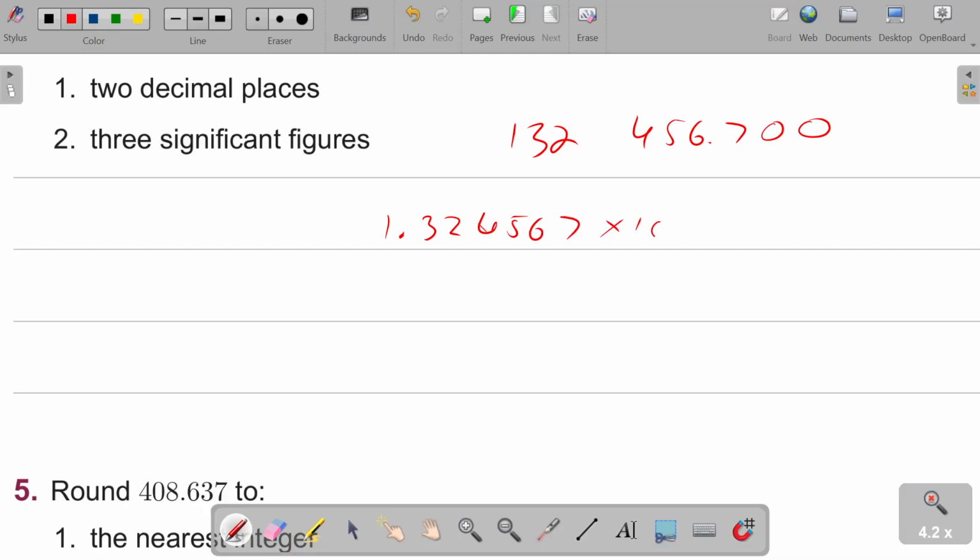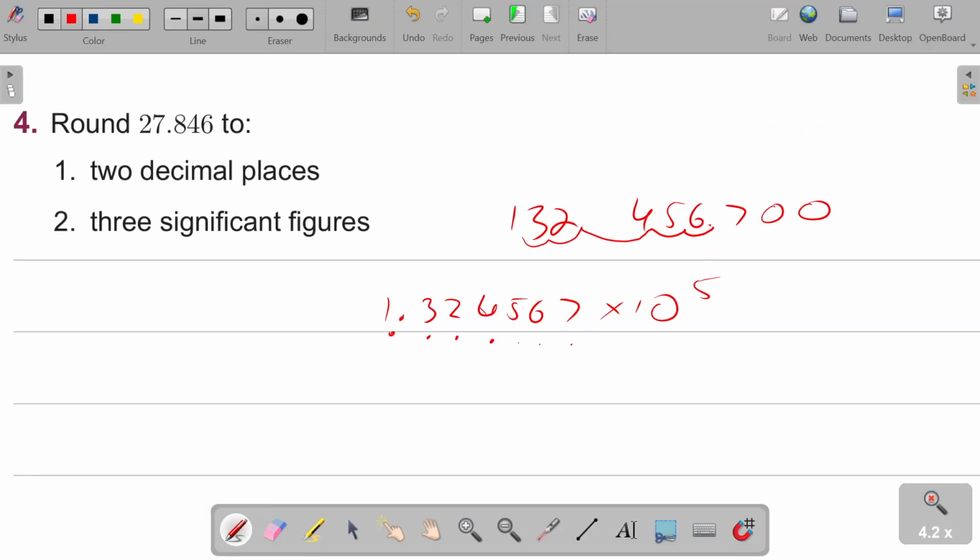I can just say times 10 to the power of, and obviously we went back 1, 2, 3, 4, 5, so times 10 to the power 5. So the number of significant figures is 1, 2, 3, 4, 5, 6, 7. So this question specifically has 7 significant figures.